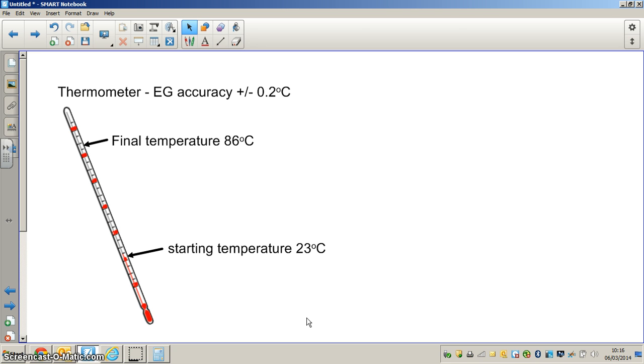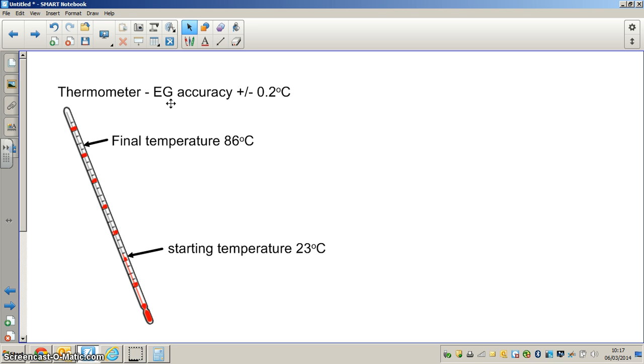Now let's look at a thermometer, and again the same rules apply. Here's our thermometer, and it has an accuracy of plus or minus 0.2 degrees centigrade. This would be given in the exam question, or in the rubric which accompanies the practical.